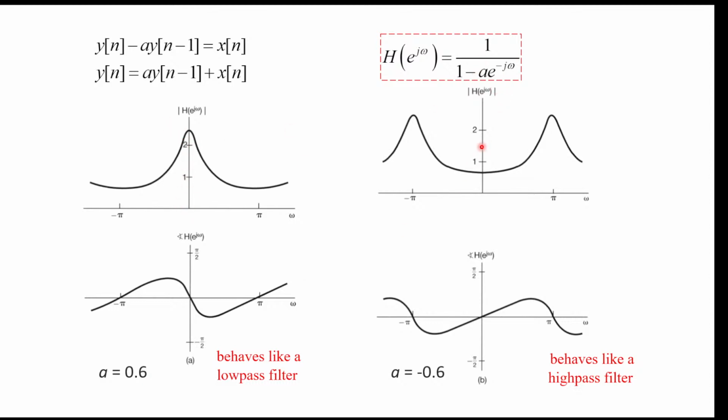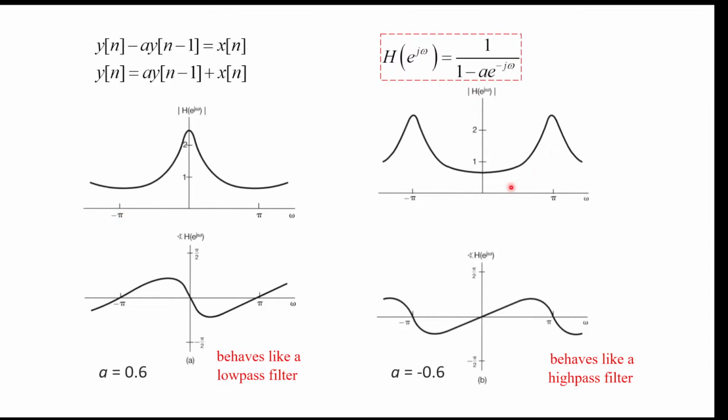And for negative a, so a equal to negative 0.6, then around 0, it is 1 over 1 minus a, and as a is negative, it's 1 over 1 plus 0.6 here, so it's actually lower when omega is around 0, but when omega is around plus minus pi, then e to the minus j omega gives you a minus 1, and you actually get 1 over 1 plus a here. So it's 1 over 0.4 here.